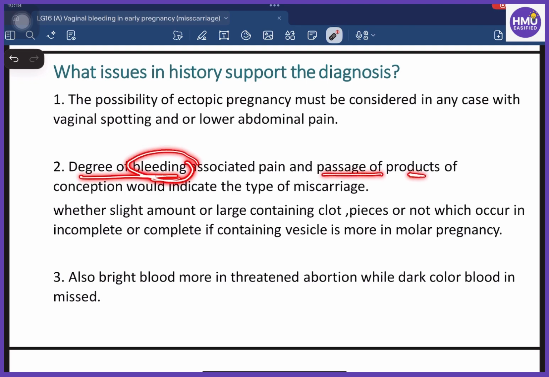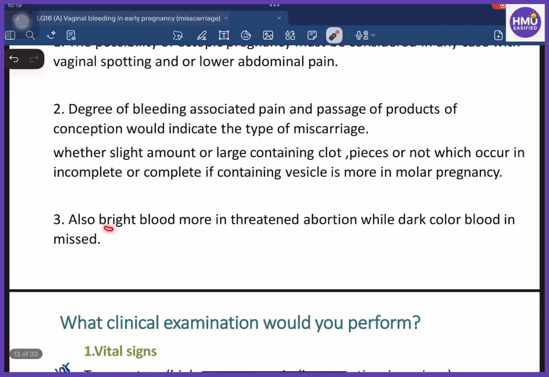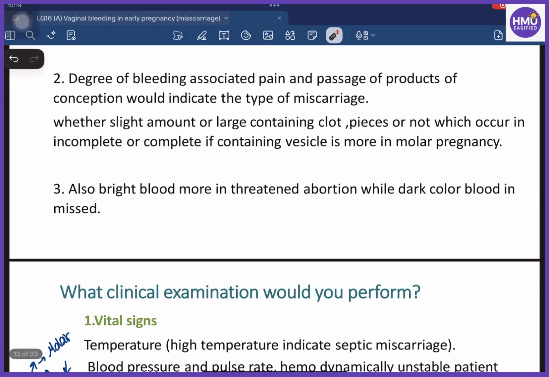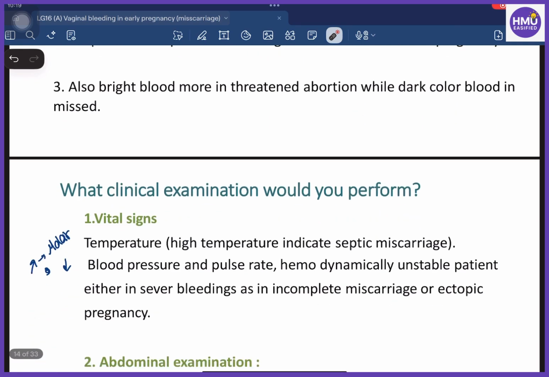Ask about passage of product of conception, which type of miscarriage, whether slight or large, containing clot pieces or not, which occurs in incomplete or complete. If containing vesicles, it may be molar pregnancy. The bright blood is more in threatened abortion, while dark color blood is in missed abortion. If the bleeding is mild, it is suggestive of threatened abortion.